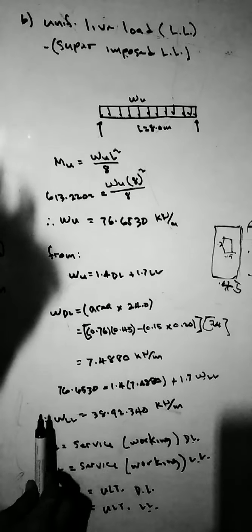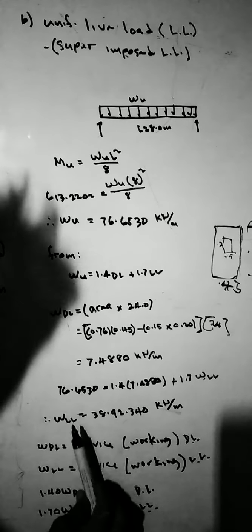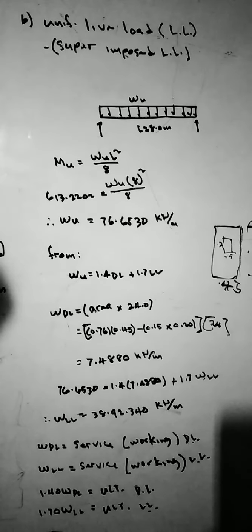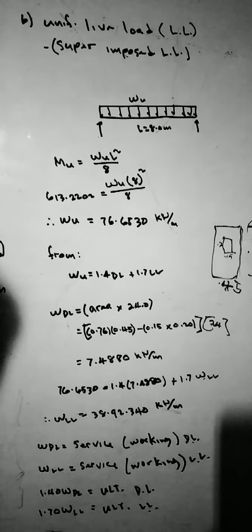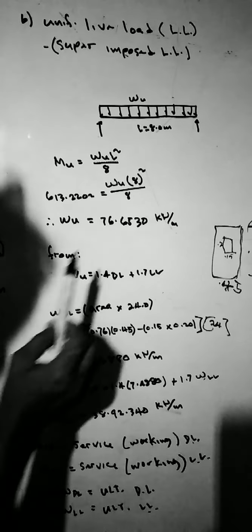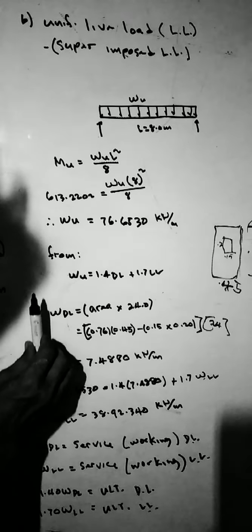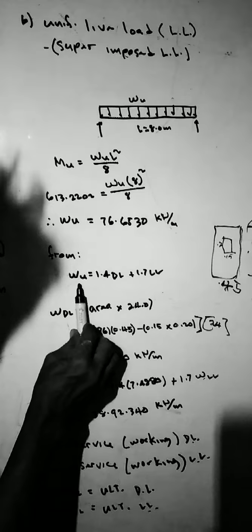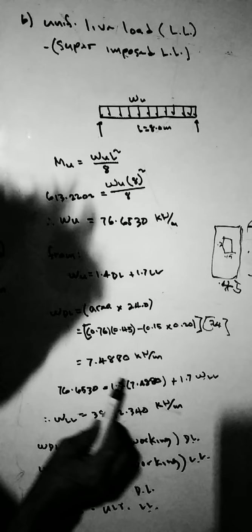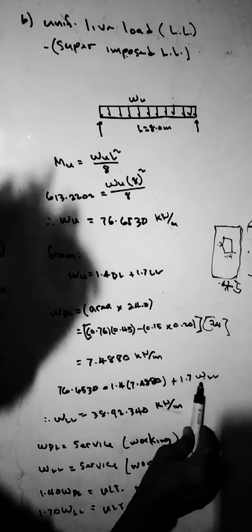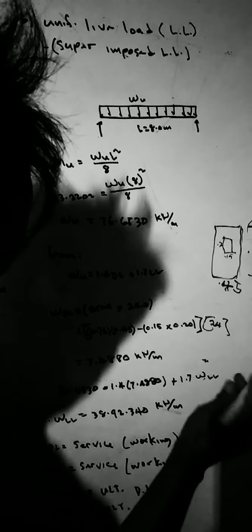Okay. So we have this W, and we will compute 76 equals 1.4 times 7.4 plus 1.7 live load. This is the unknown live load.